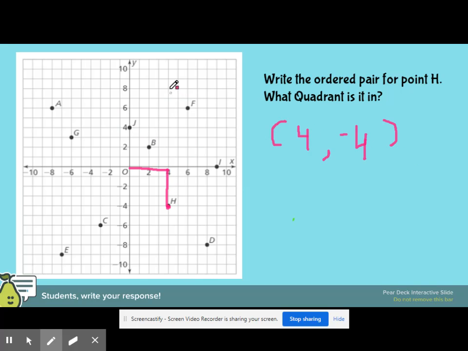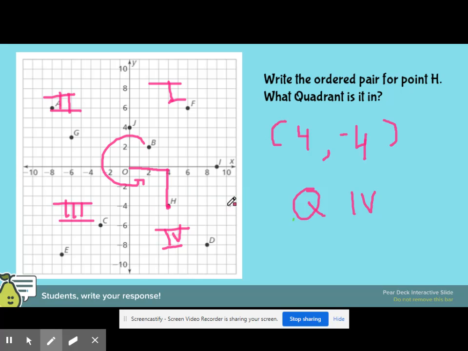Now the quadrant, you start here. This is 1, 2, 3, 4. It's quadrant 4. Remember, it goes backwards. 1, 2, 3. And we use Roman numerals. 4. It makes like a CG. Okay. Let's try another one.